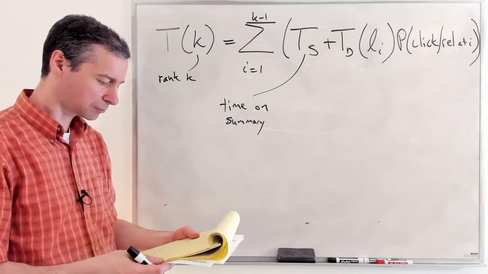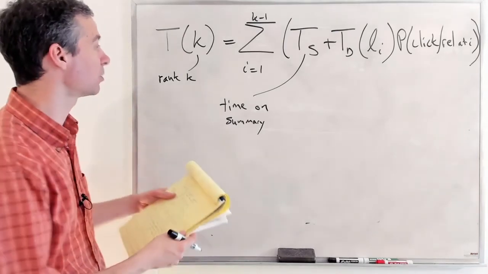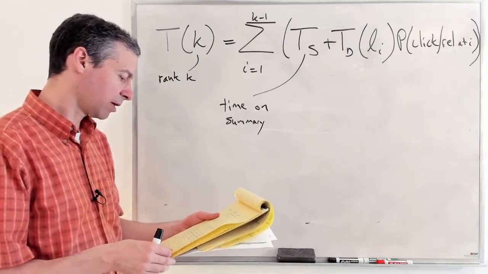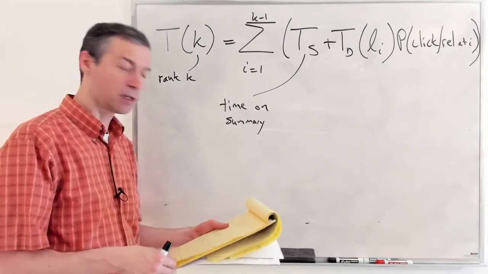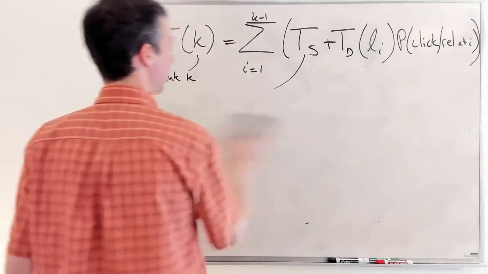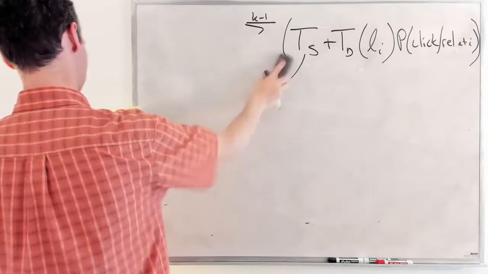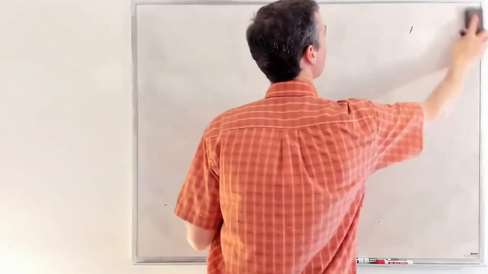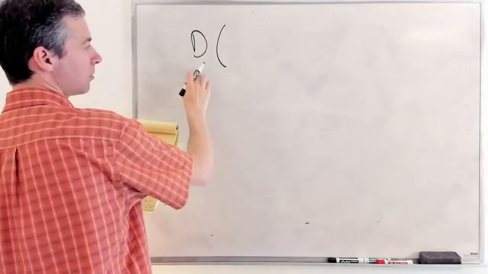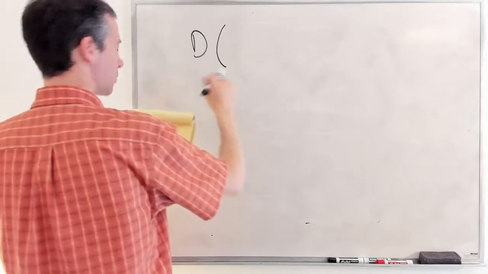Great. So this is time to reach rank K. All right, so we can now plug these together. We've got time to reach this rank, and we had our decay function, which again was the fraction of people still searching at a given time.